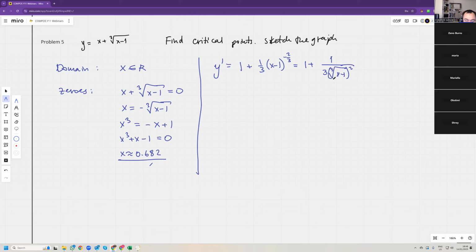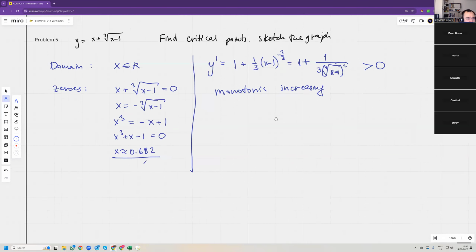And I can immediately say that this is always positive because it's a square. It's (x minus 1) squared. So it's always positive. It's greater than 0. So the function is monotonic increasing. And it's going to be quite a boring function.